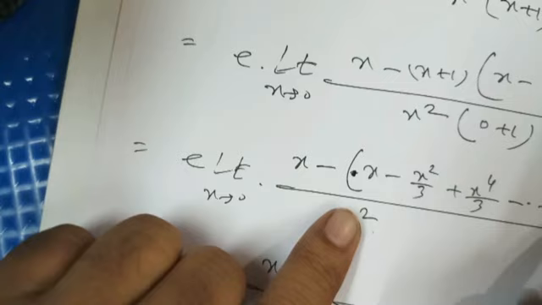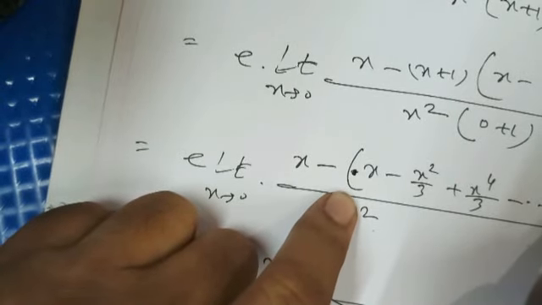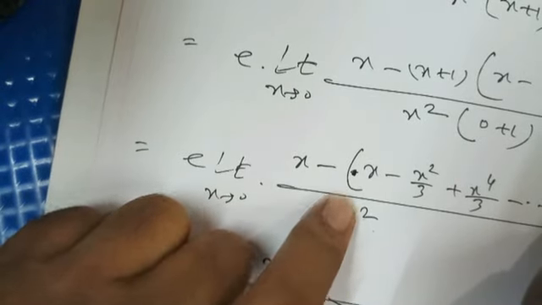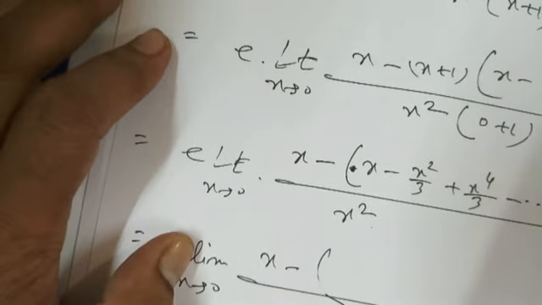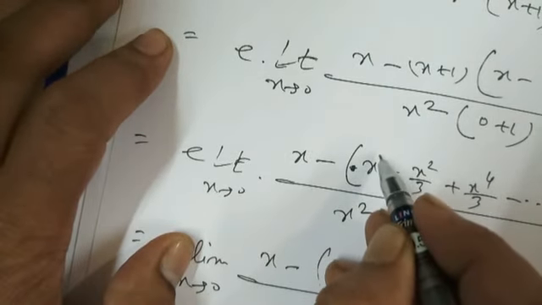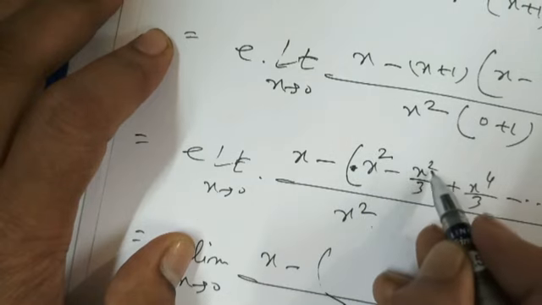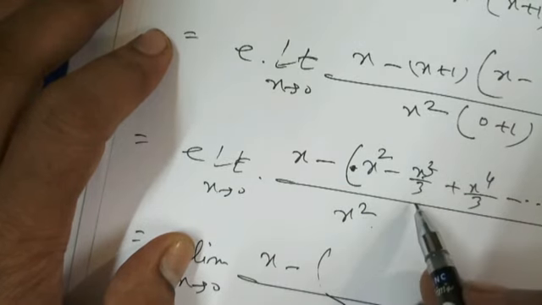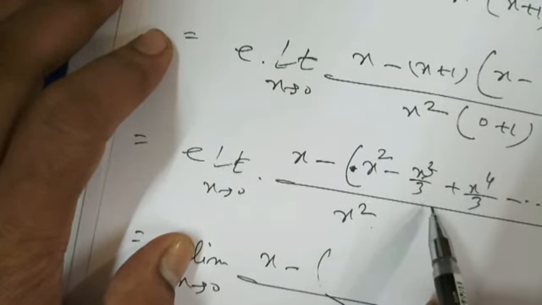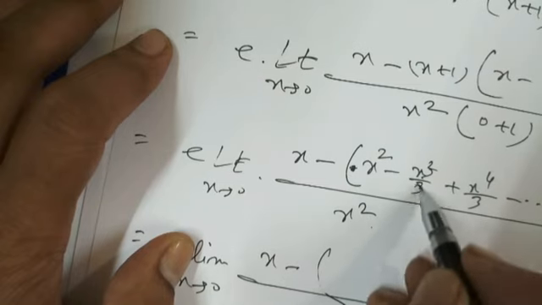this is x minus x is cancelled, okay, and this is x square, this is x square, and this will be x cube by 3, x square by 2, this is x square by 2.